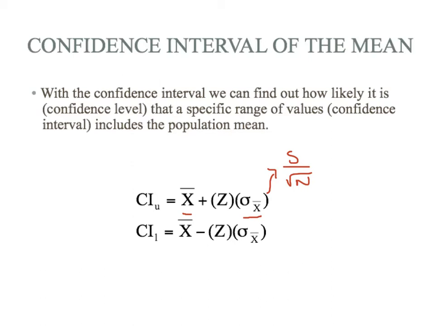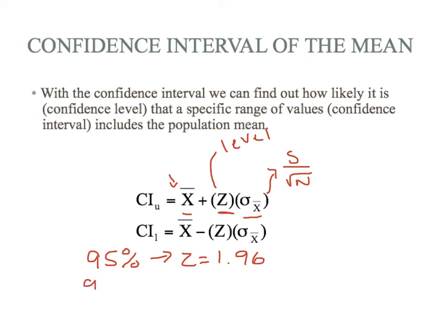So we can calculate the mean, we can calculate the standard error of the mean, but what are we talking about with this z? Well, this z is going to be dependent on what level we're looking at. So if we are looking at a 95% confidence level, then z equals 1.96.